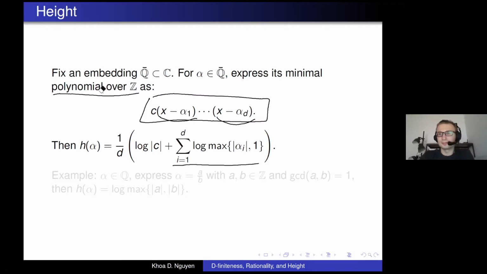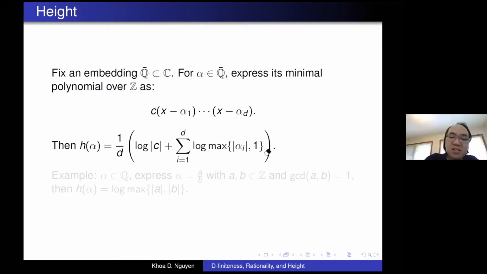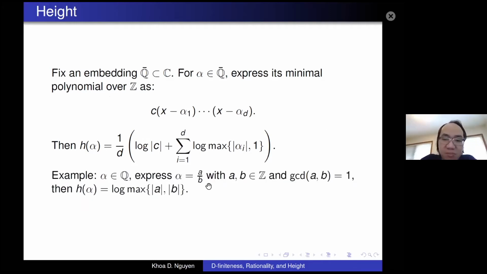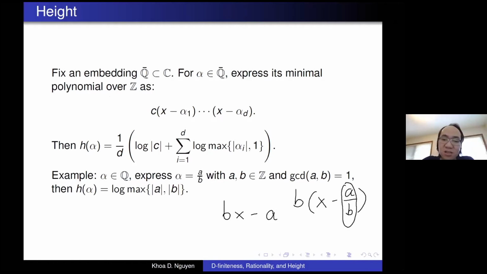Yeah. So, for example, if you have a rational number a over b, then of course the minimal polynomial over Z is going to be bx minus a. You take b out, it becomes x minus a over b. And then it depends on whether it is bigger than 1 or not. So it depends whether the absolute value of a is bigger than the absolute value of b or not.